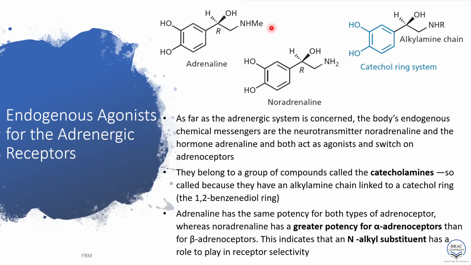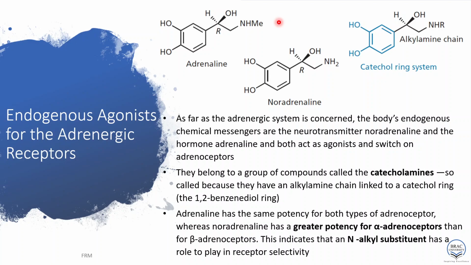So if we can alter here or add different groups, then we can manipulate the selectivity towards alpha and beta receptors. Those give us the idea of how we can start with an agonist drug more selective to the beta receptors or more selective to the alpha receptors.